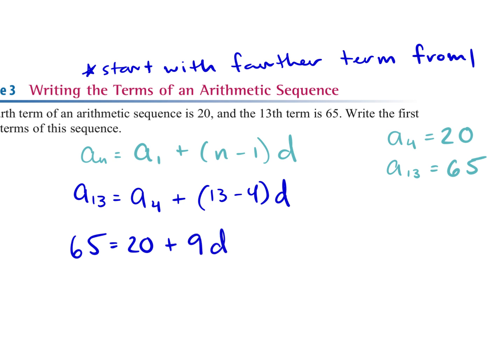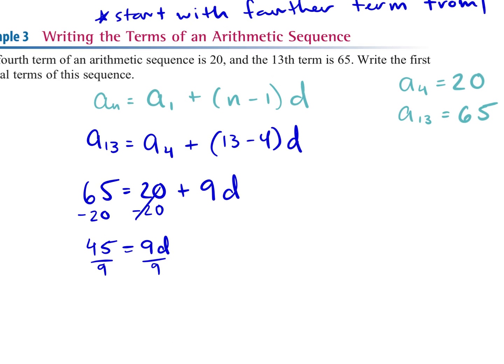So we're just solving for d here. Subtract 20 on both sides. We get 45 is equal to 9d, and then divide by 9. So 5 is equal to d. So 5 is our common difference.